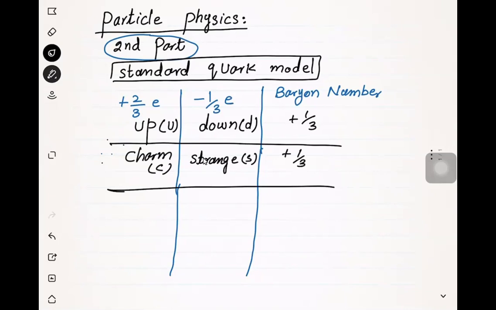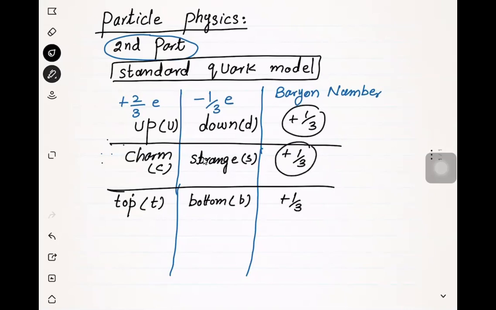The third type of quarks is top, T, and bottom, B. And their baryon number is obviously plus 1 by 3. So first pair, second pair, and third pair. There are three pairs of quarks.